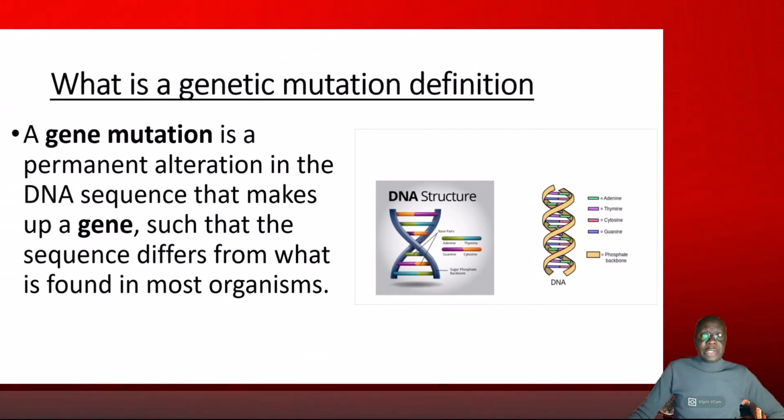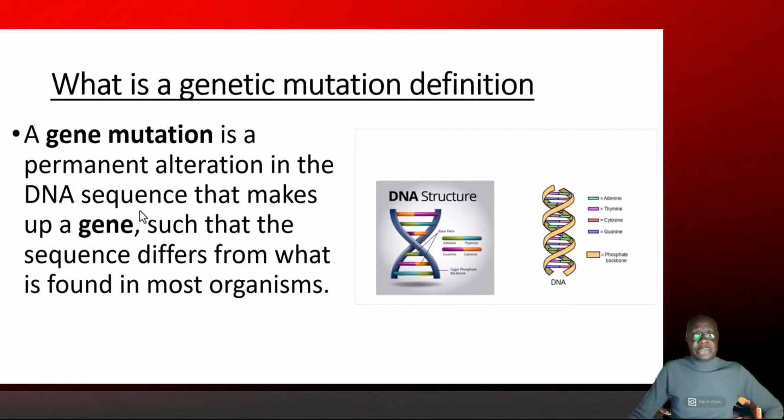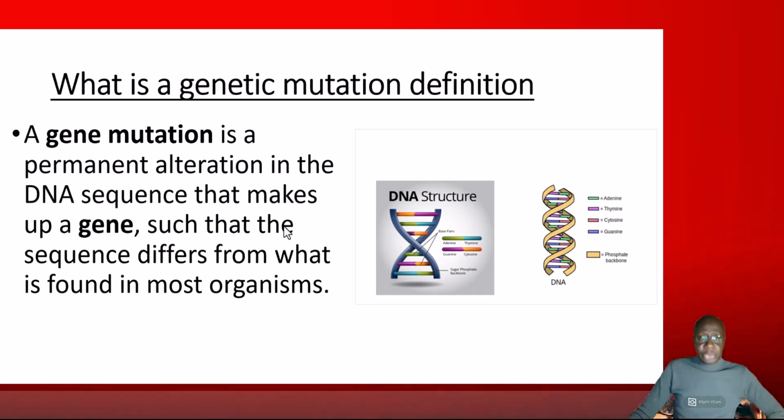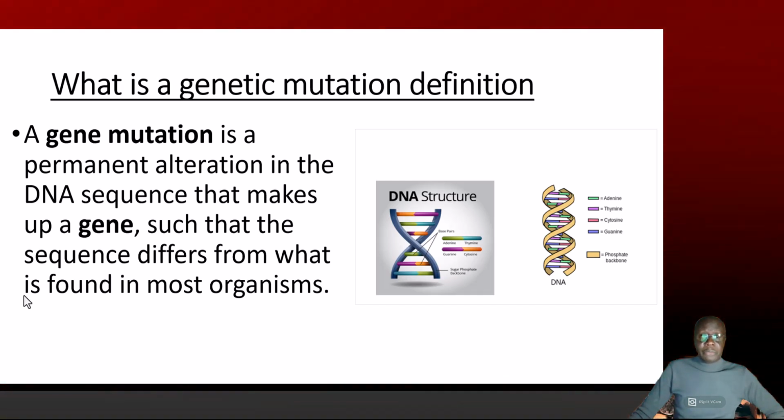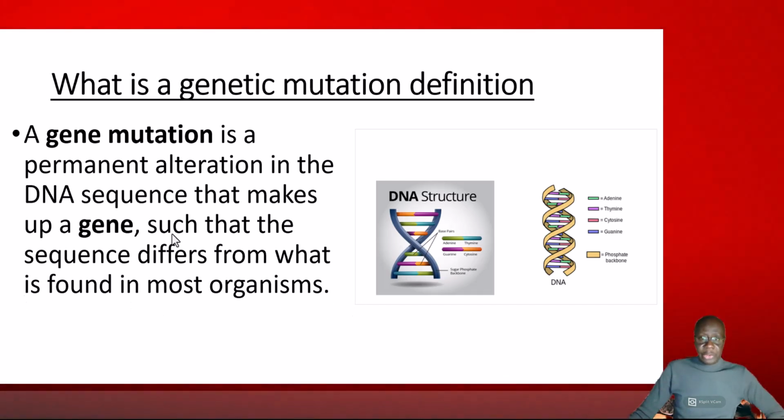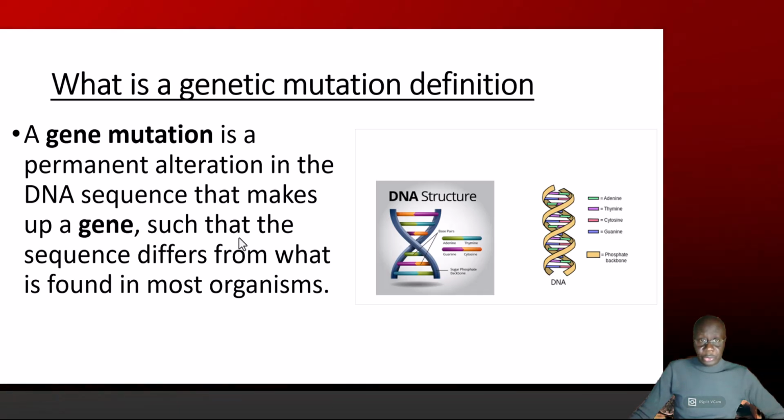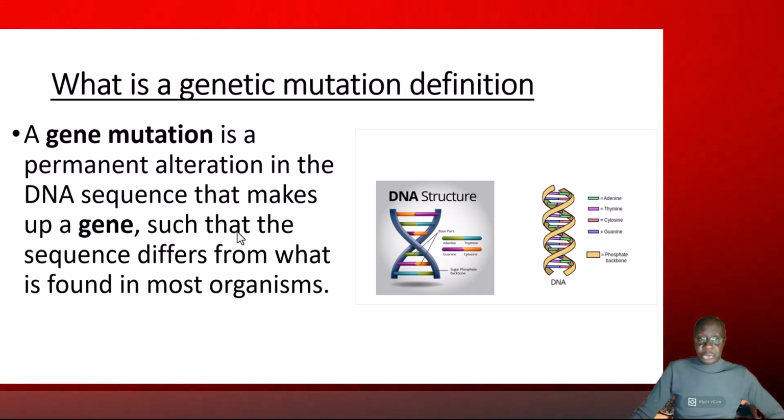So you can see here the definition: a gene mutation is a permanent alteration in the DNA sequence that makes up a gene, such that the sequence differs from what is found in most organisms. So you will be completely different if you have a mutated gene. That is why it's not good. And that is what we are going to discuss today.